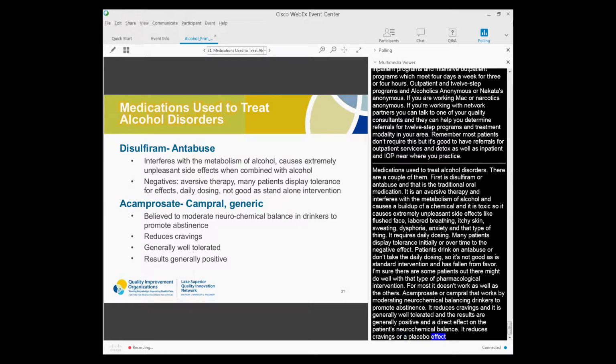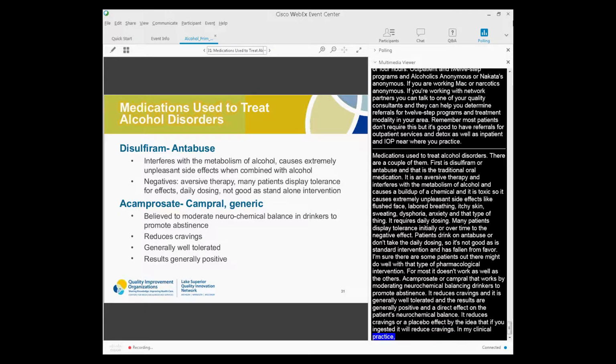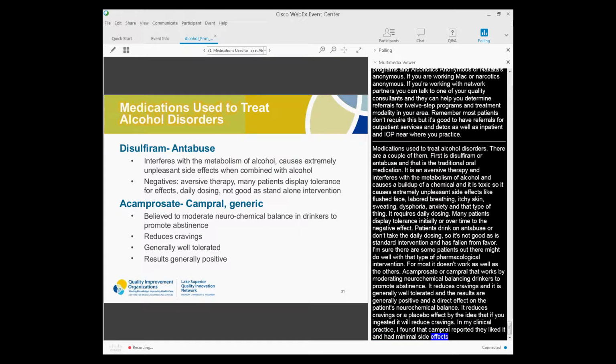But in my clinical practice, I found that patients did generally report they liked it. It had very minimal side effects, if at all. And they did report, at least anecdotally, that their cravings were reduced. So it's generally relatively safe for most patients.